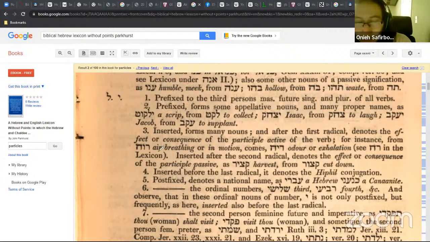So ruach is air breathing, like a strong, forceful breath. Ruach means spirit, but it can also mean wind. But it's blowing.